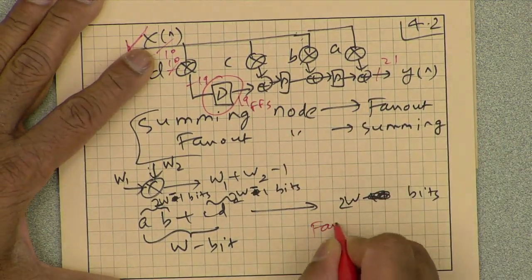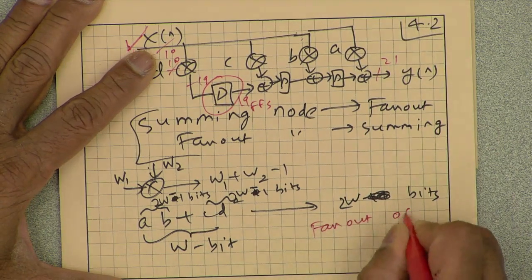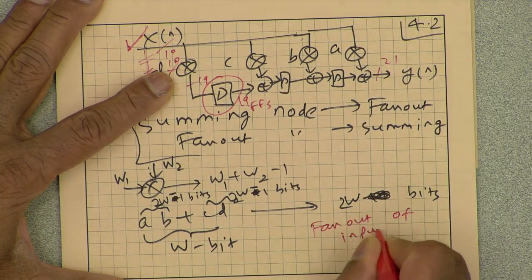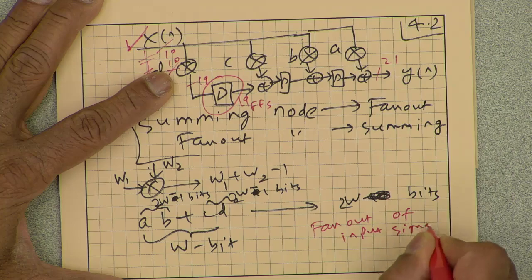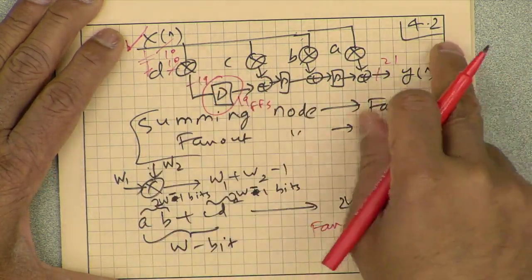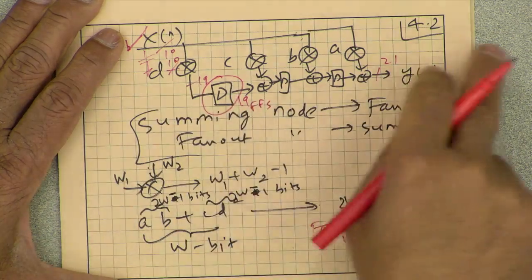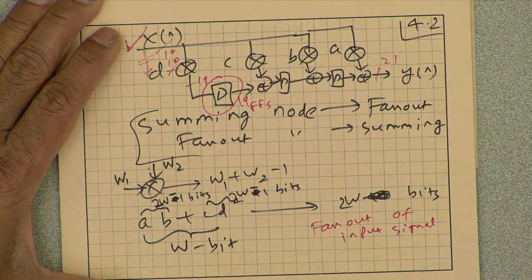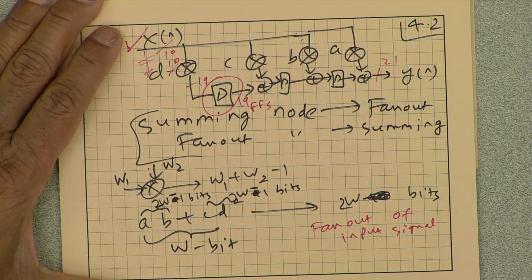One is the fan out of the input signal. So the input signal X is fed into, if there are 100 multipliers, then you have to feed them into 100 multipliers. Well, that's going to be a huge capacitive load.